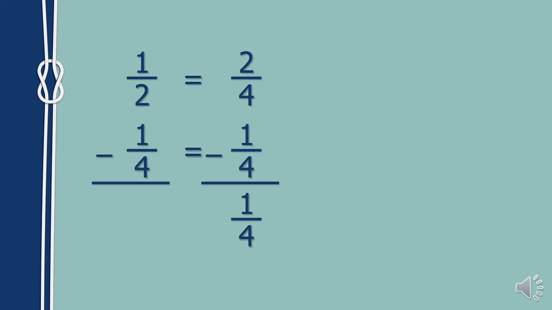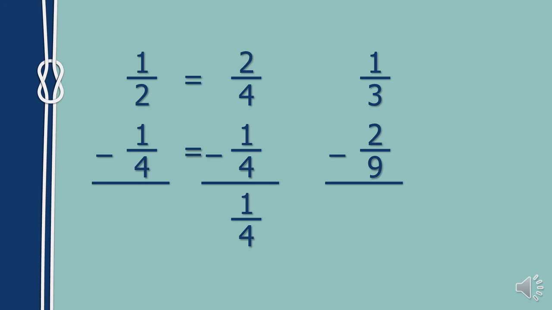All right, let's look at another one. 1/3 minus 2/9. Maybe you want to pause the video and try this one on your own before you listen to the solution with me. Okay, are you back? I wonder what you got. Let's see if you got the same thing I got. Well, I see we have 1/3 minus 2/9.